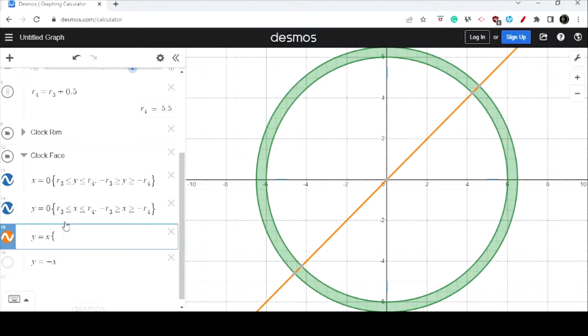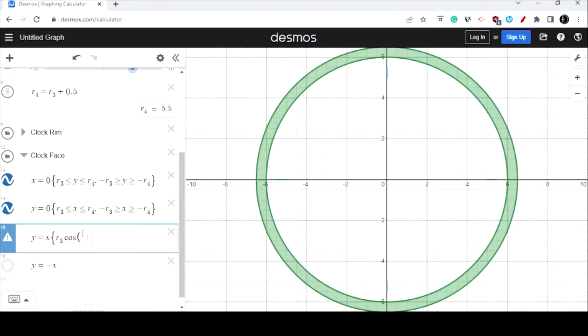If you're using x, it's going to be the radius times the cosine of 45 degrees.